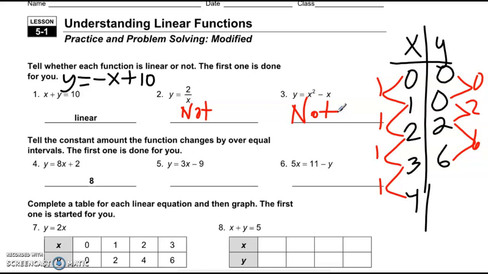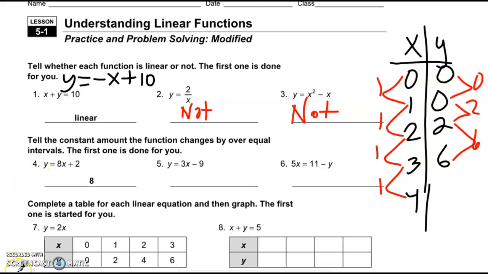Okay, so let's talk about the constant. When we did our graph, remember our constant was whatever it was increasing by over on the right, and that was 4 on problem number 1 that we graphed together. So it was in the equation 4x plus something. I can't remember what it was, 30. So if it's linear, the constant change is going to be the number in front of x.